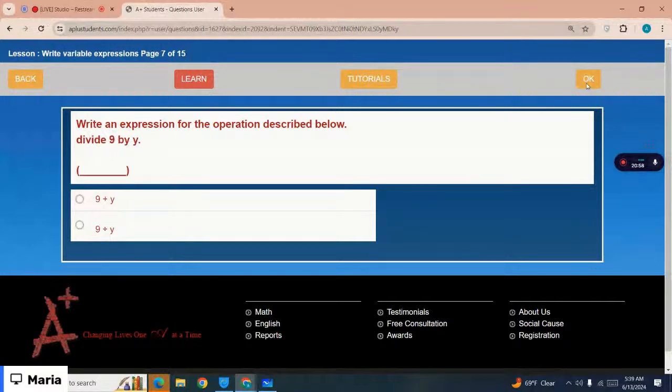Divide 9 by y. So which is the correct option? The correct option is option number 2, right?